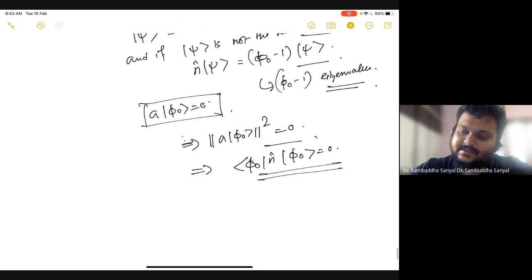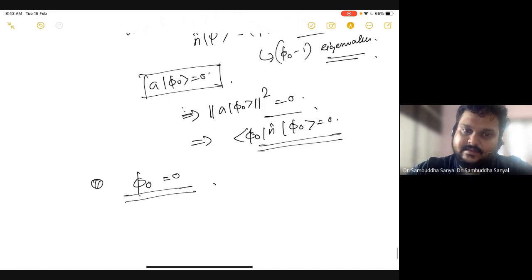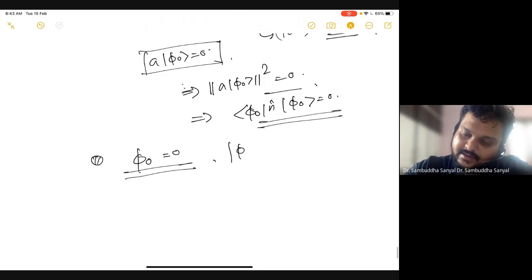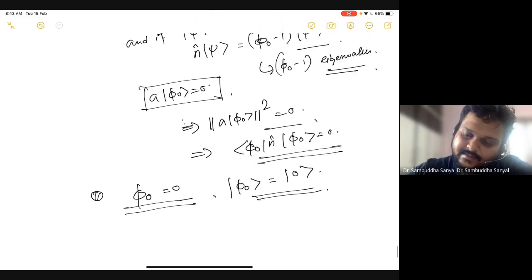So its eigenvalue has to be 0. Okay. So that establishes that phi naught is definitely 0, and we call this phi naught state the 0 state, which satisfies all this property.